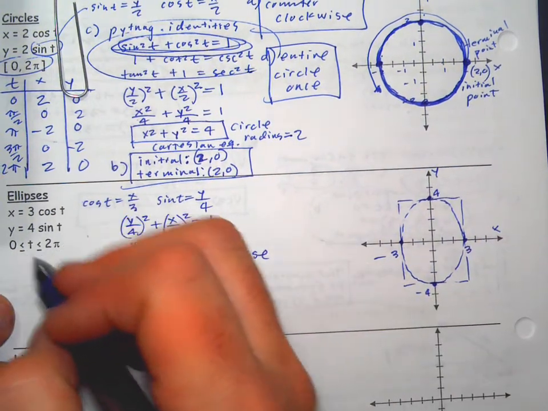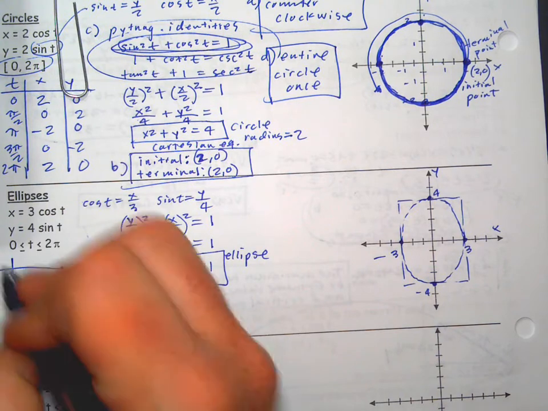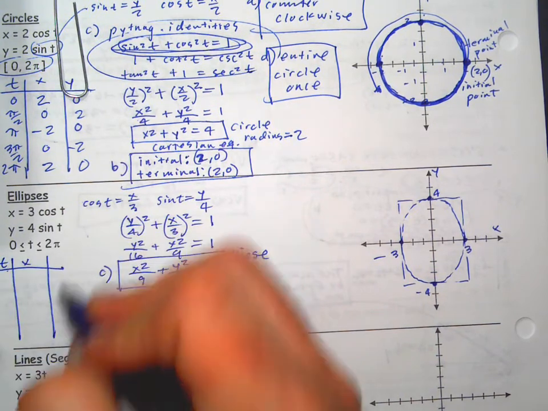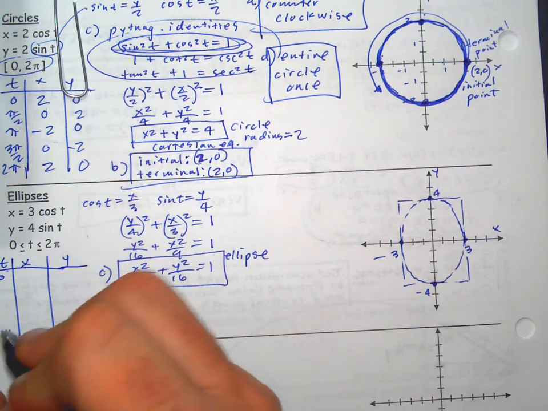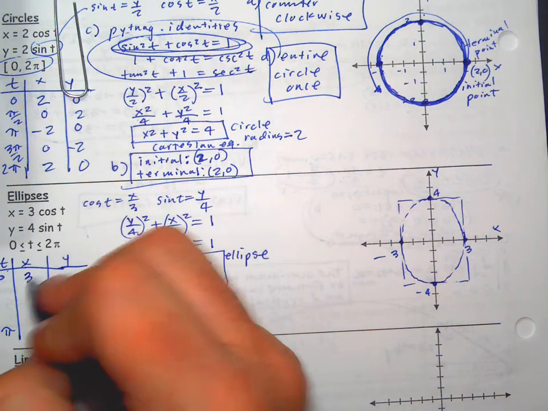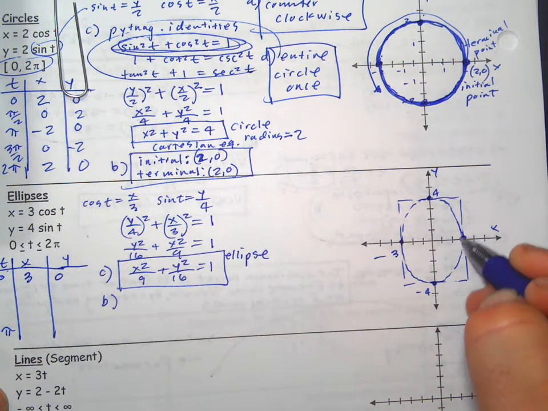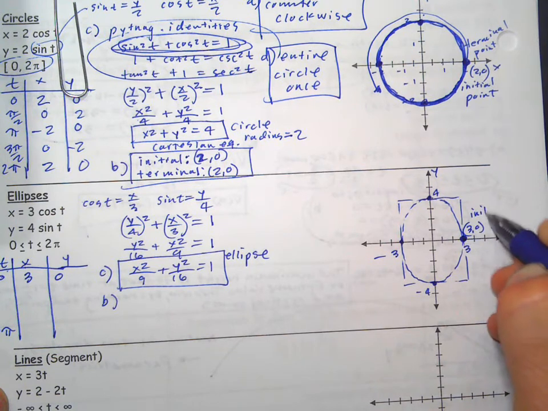The next thing I'm going to do is make a table, which will help me find the initial and terminal points and also help me do a lot of other stuff. So I'm going to plug in 0 to 2 pi. That's going to be 3, 0. So 3, 0 is your initial point.